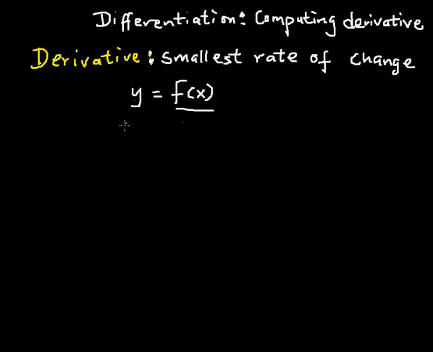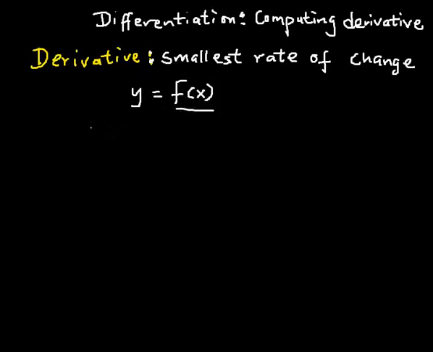Then I have evaluated the derivative. Please take note, derivative is the smallest, very small rate of change. Why do we call it smallest? Because there's no smaller rate of change you can get out of a derivative.